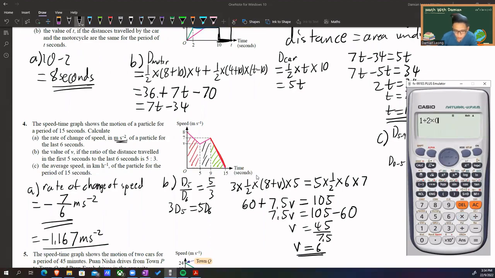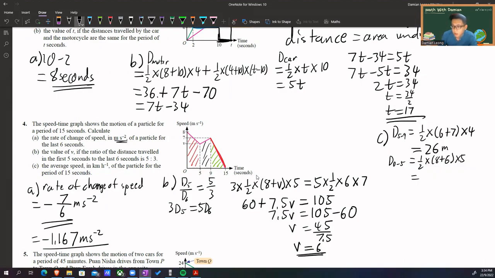Half times 8 plus 6 times 5, 35. Distance for the last 6 seconds from 9 to 15 seconds, half times 6 times 7, 21 meters.